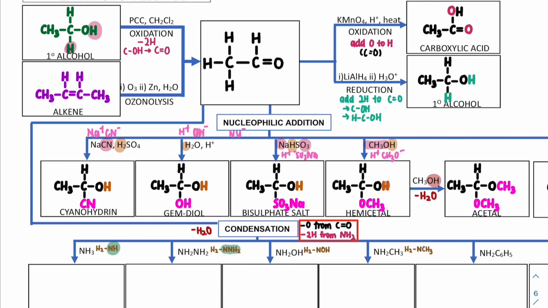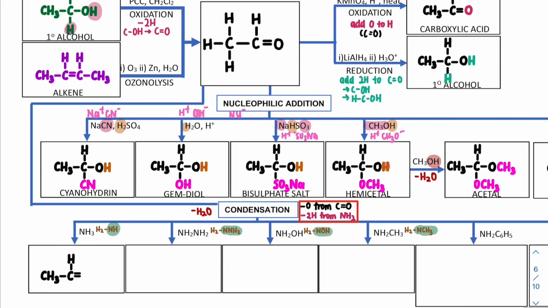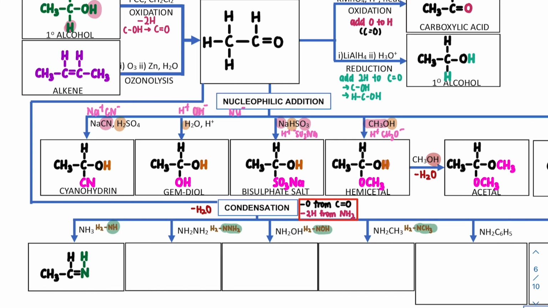Here what is left is NH2, this is NOH, and this becomes NCH3. So for the first one, I'm going to take this, and write CH3, CH, double bond. The oxygen can't stay because we have removed it, and the H2 we have also removed, so what is left is only NH. So this is the condensation reaction: we remove the H2O, H2 from here, oxygen from here.